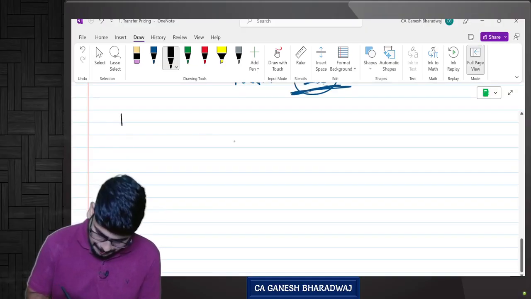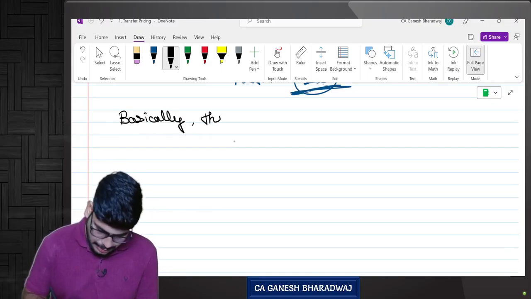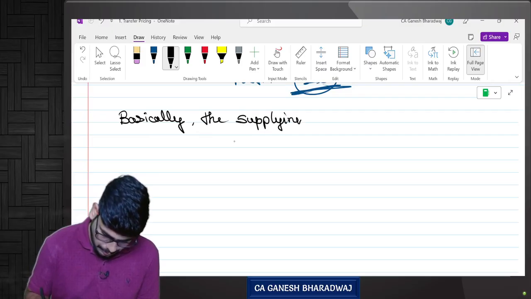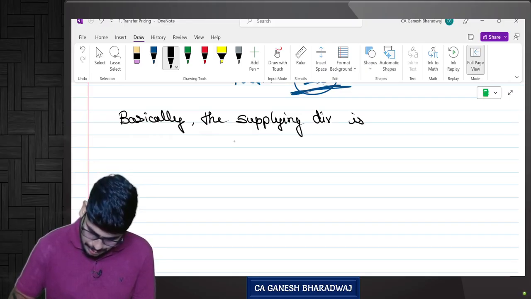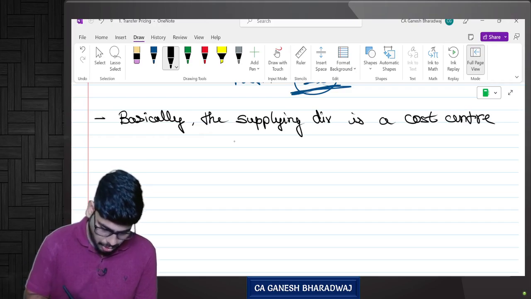So I'll write down. Basically, the supplying division is a cost center. Correct? The supplying division is a cost center.